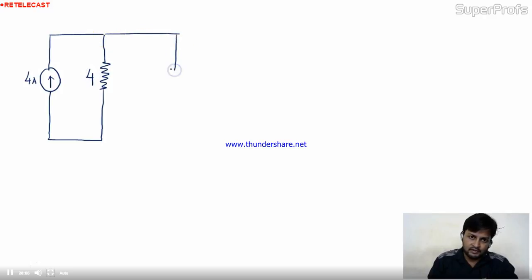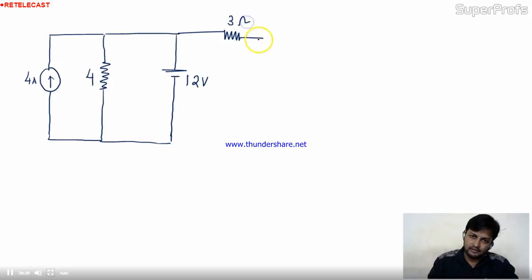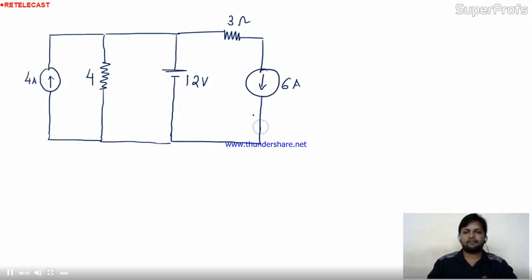This resistance is connected with a battery, an independent source whose value is 12 volt. This circuit is further connected with a 3 ohm resistance, and the current in that branch is 6 ampere. This is the closed circuit.